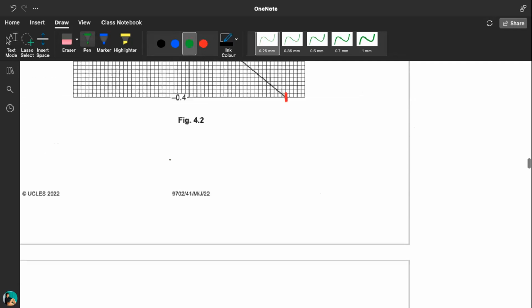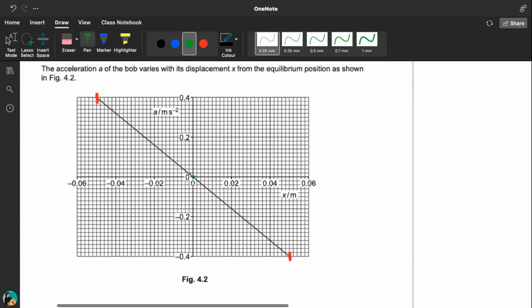Gradient of the graph, you can take the midpoint and over here. This is minus 0.05 and 0.40.